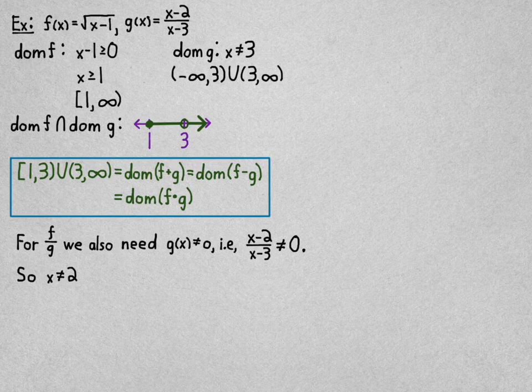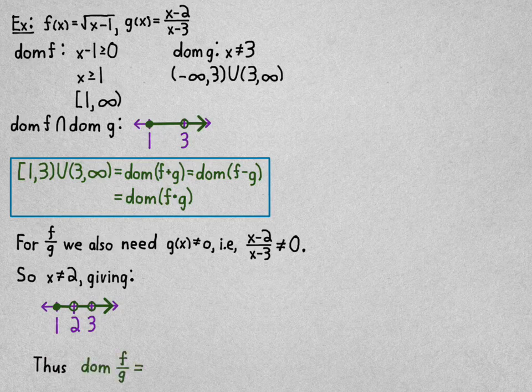We have to take that out of the domain we had before, so we just omit one more point. On the number line, I have an open dot at 2 as well, so that ray to the right skips over 2 and 3. Now I have 3 intervals: from 1 to 2, from 2 to 3, and from 3 to infinity. And I have to make sure I get the parentheses and the square bracket right.